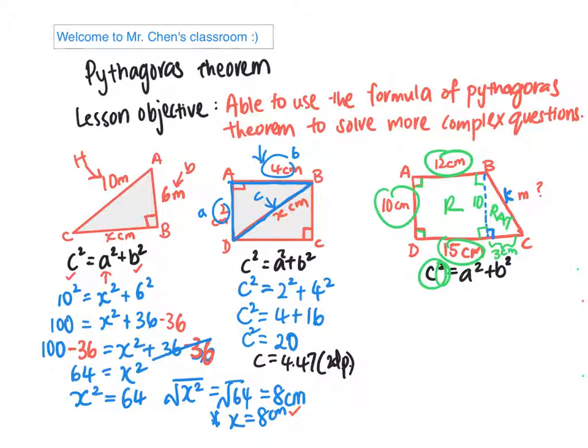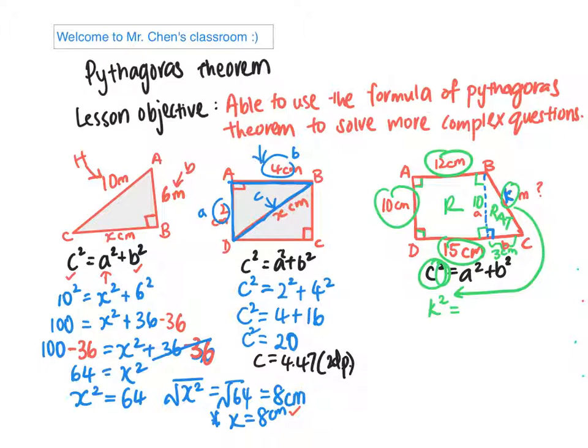Okay, so c is not given, but c here, let me remind you, is represented by K, because look at that. So K will move down here, so K squared equals a squared plus b squared. I'm gonna make this an A and that a B, to make it easier.